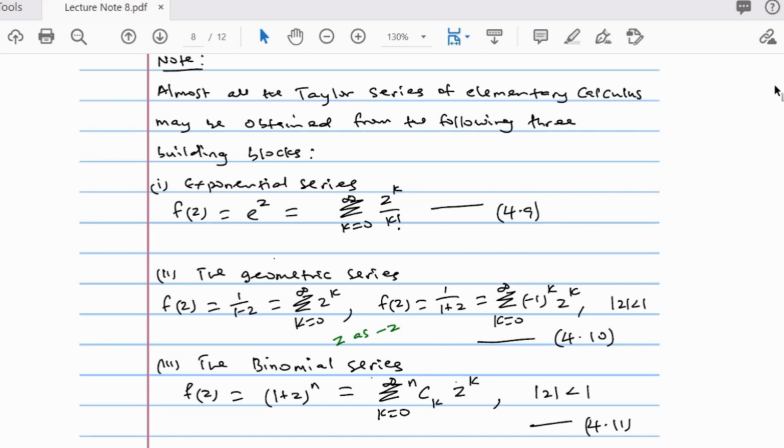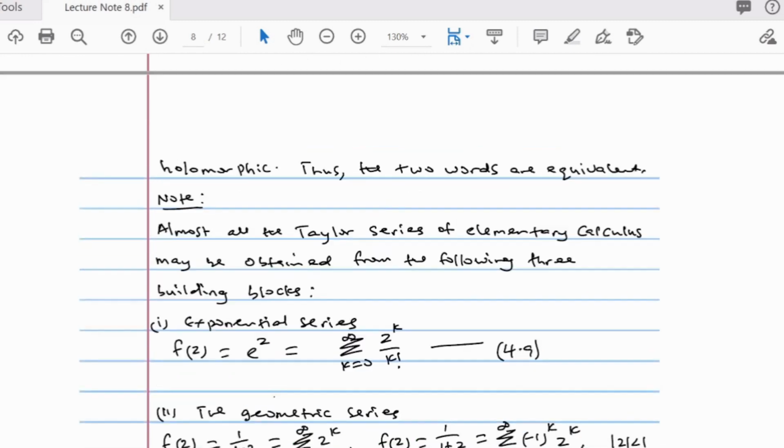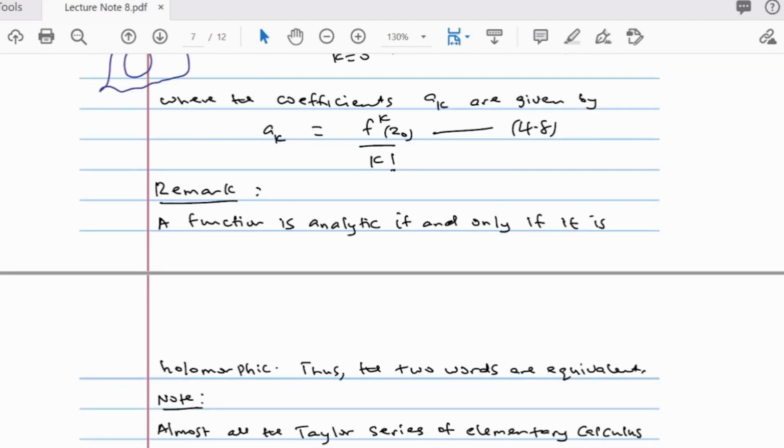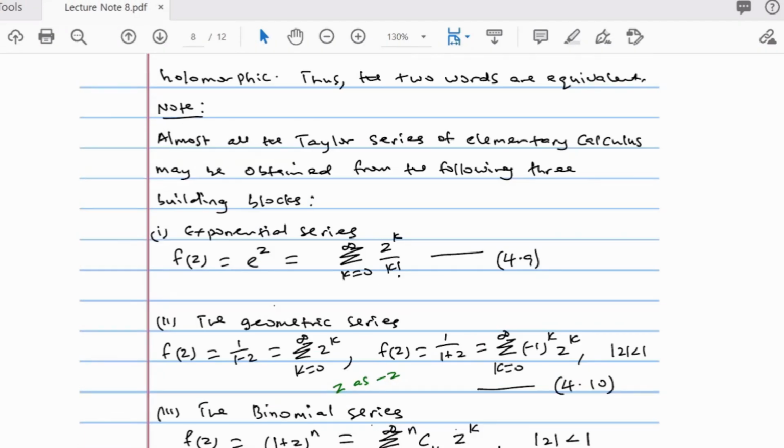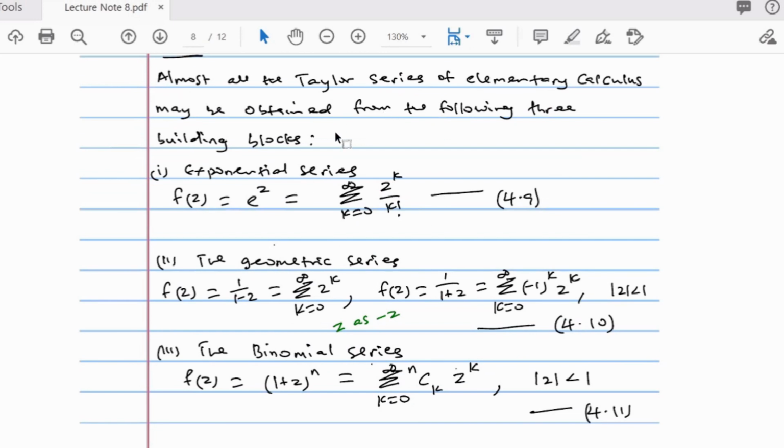But in case you forget this, just come here and make use of 4.7, 4.8, and z0 equals 0. Then you are fine. But if you can put this in your mind, that is fine. You don't need to go to 4.7, 4.8 to compute it. So this is the Taylor series or the power series of f of z equals e to the power z at z0 equals 0.